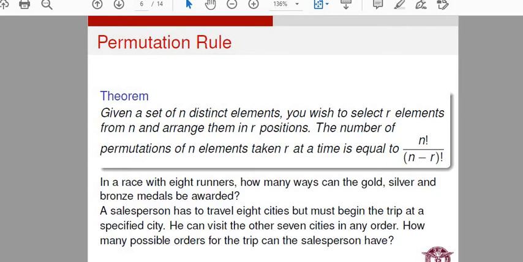We have 8 runners, and how many ways can the gold, silver and bronze medals be awarded?